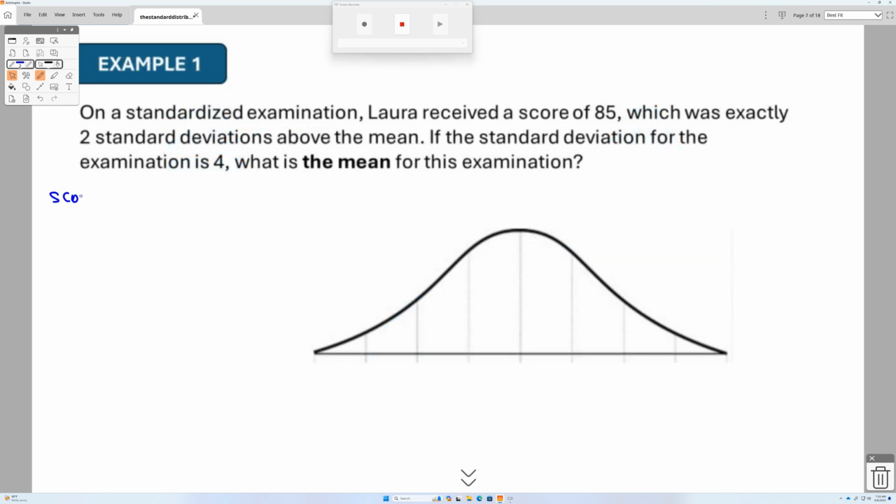Laura scored 85 points in a test, and this score is two standard deviations above the average score. One standard deviation is 4 points from the mean score. This is the position of Laura's score.